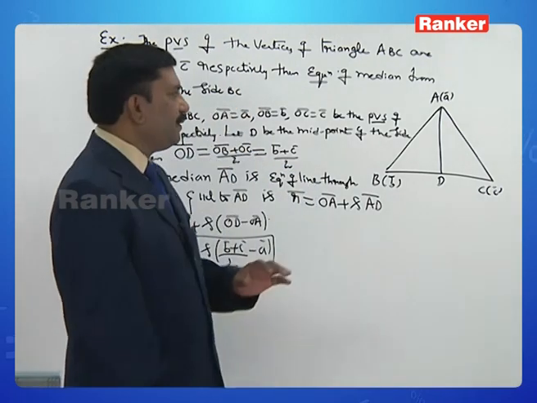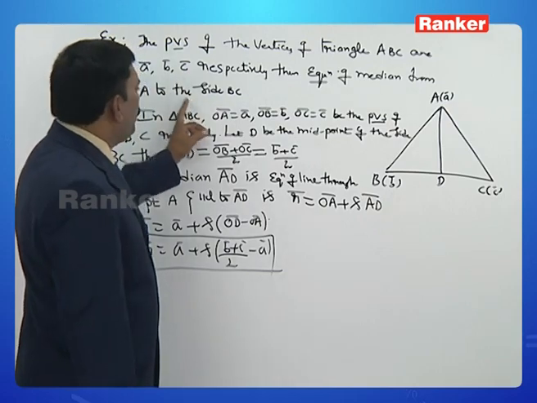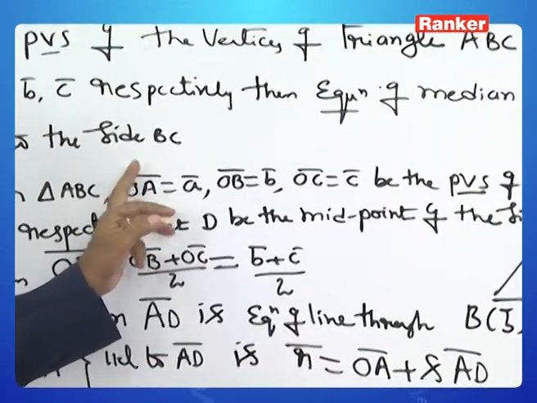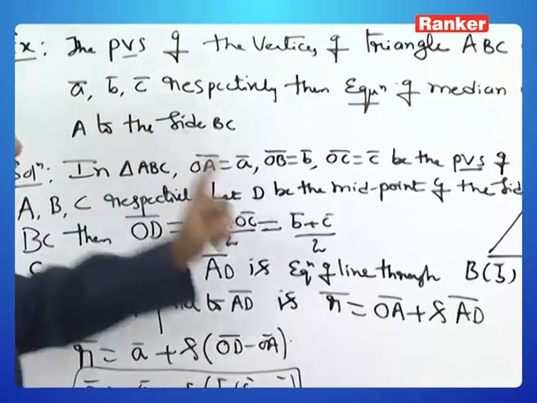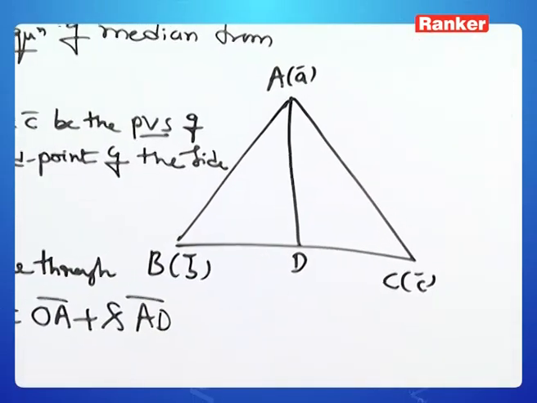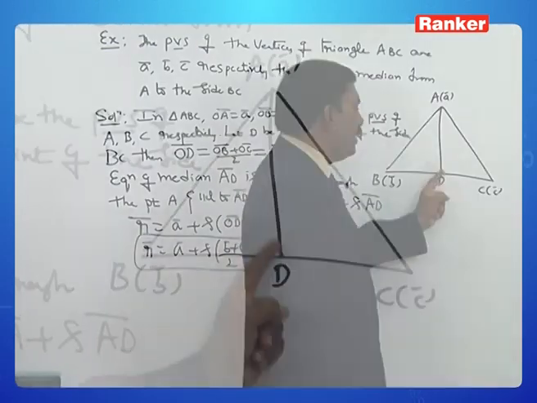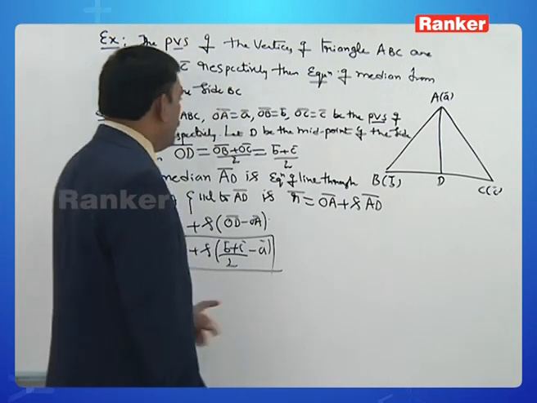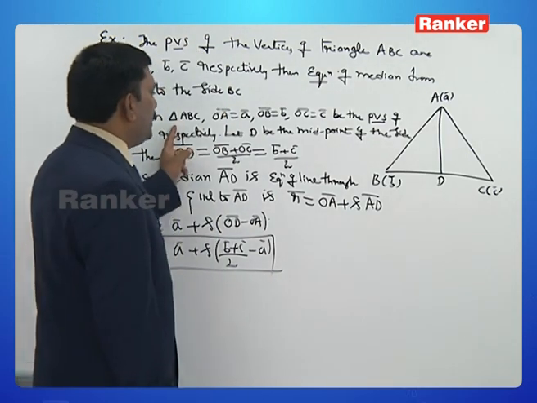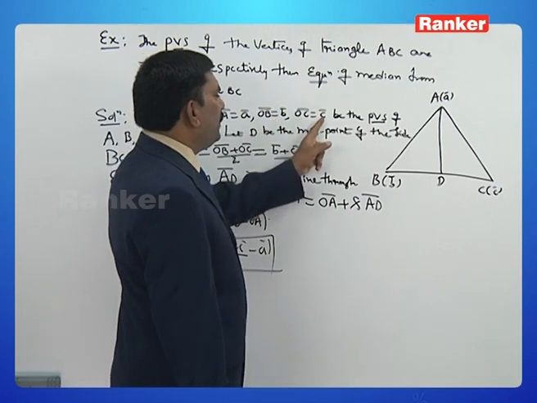Followed? So therefore, this gives the equation of the median from A to the side BC. Again, in a triangle ABC, A bar, B bar, C bar be the position vectors. Then the equation of median from A to the side BC. So in a triangle ABC, OA bar is equal to A bar, OB bar is equal to B bar, OC bar is equal to C bar.